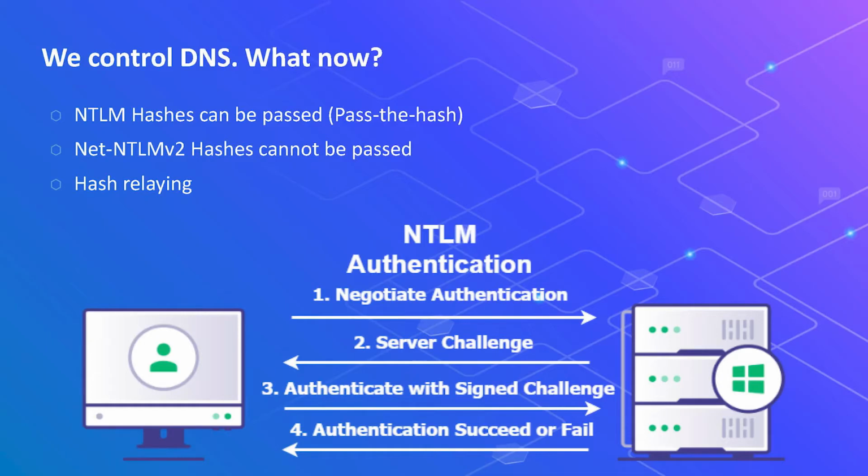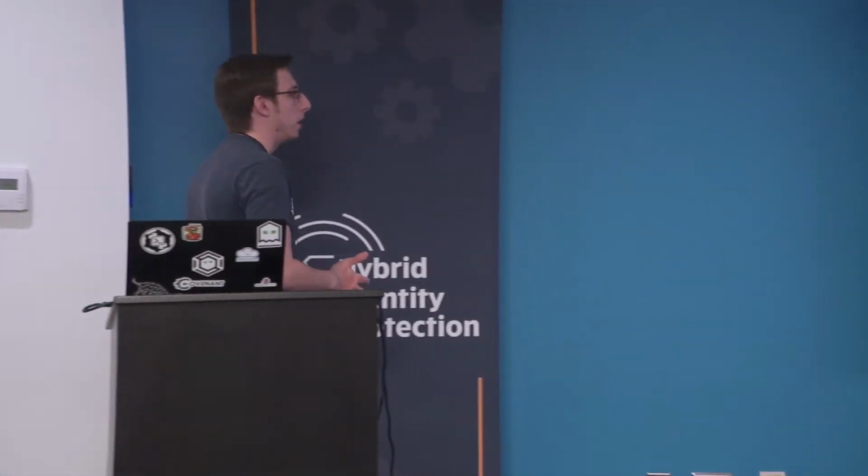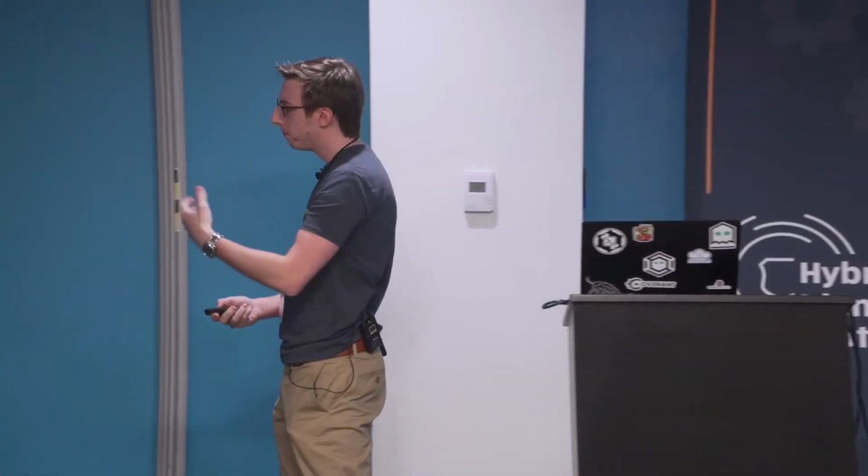So if we look at regular NTLM authentication, it's a challenge response protocol. So the server sends a challenge back to the user. The user authenticates with that signed challenge. And if the domain controller or SAM can decrypt that challenge successfully, it logs you in, and you are who you say you are.